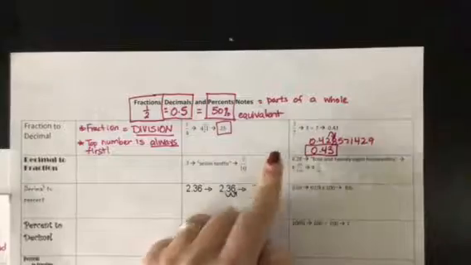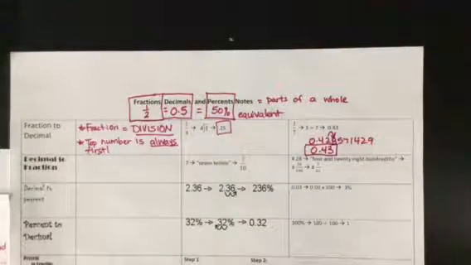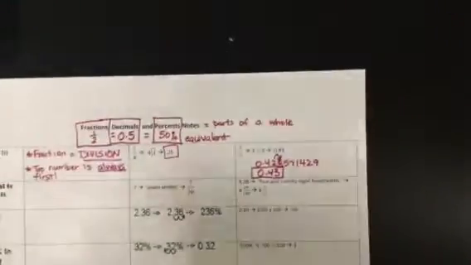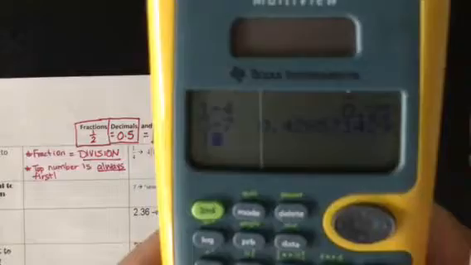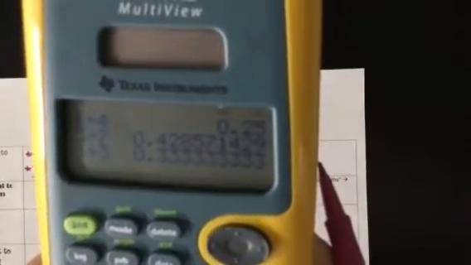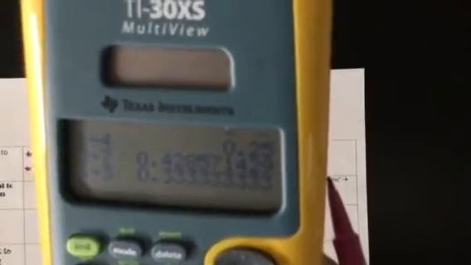Now there's one other type I want to talk about in this section, and that is a repeating decimal. So sometimes you're going to type into your calculator, let's do 1/3. So 1 divided by 3, and you'll see that your answer is 0.333333333.